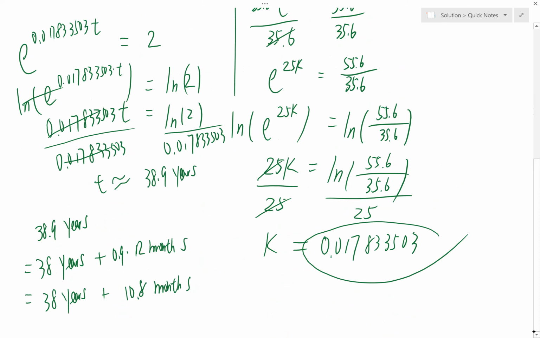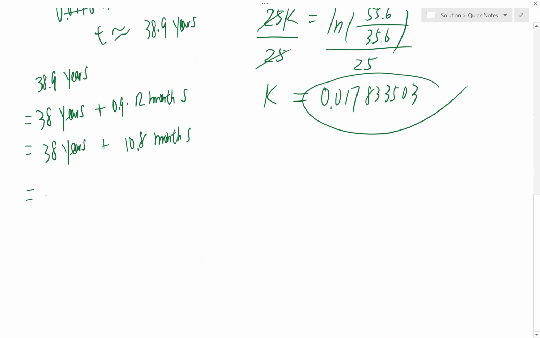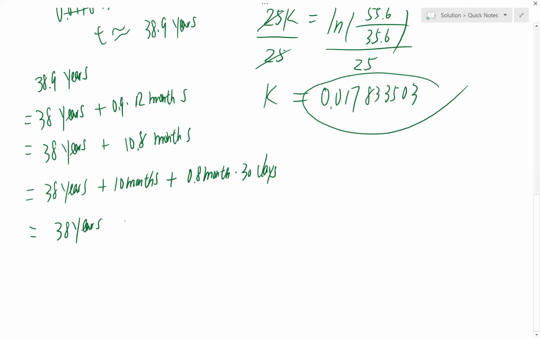I'll break down further in terms of decimals. So this should be 38 years, 10 months, and adding 0.8 month, 30 days. 0.8 times 30 days, and that would turn out to be 24 days. So this is 38 years, 10 months, 24 days.